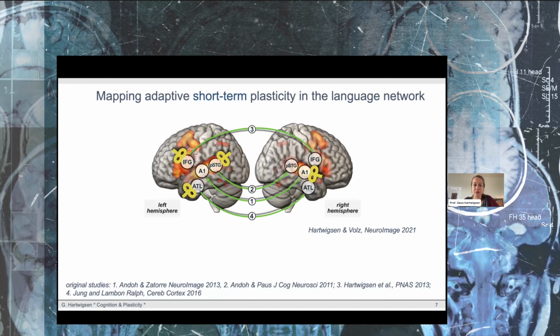This is an overview from a recent review where we summarized different studies in the language system and also on auditory cognition. And they have one thing in common. They targeted a key area for language in the left hemisphere, and afterwards put the healthy control subjects into the MR scanner and measured the induced changes of the inhibitory stimulation on task performance.